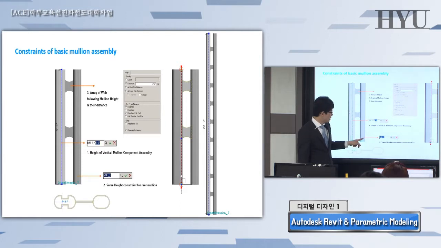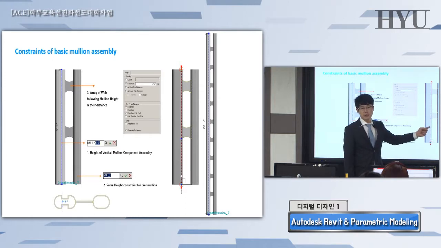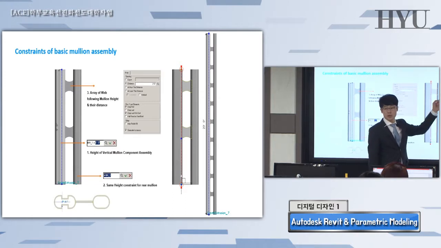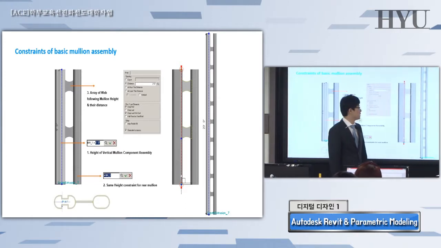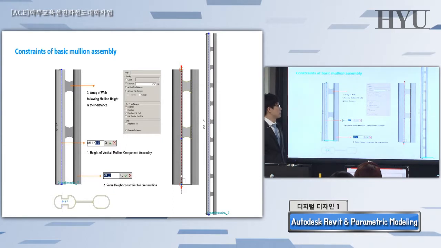The rear one's constraint is equal to the front one, okay? We don't need to put 5, just equal to the front one. And then if we change the front frame's height, the rear one automatically changes, the same as the front one height. How about the distance between those two webs? Of course, they can be parametrically defined in the same way, like that.